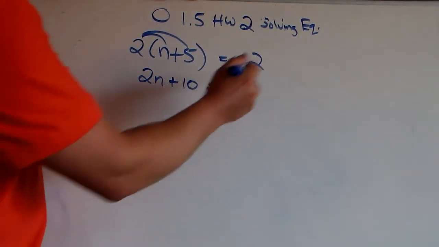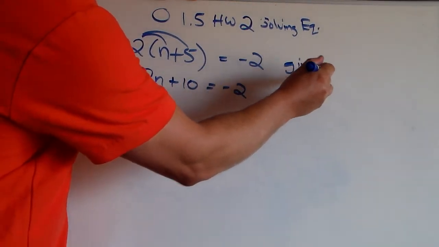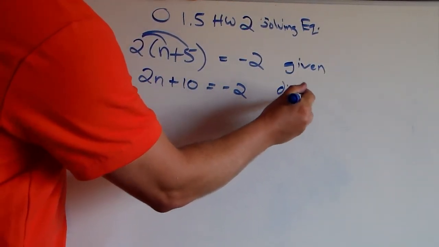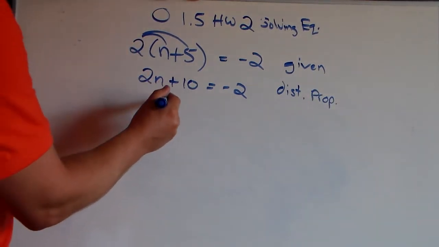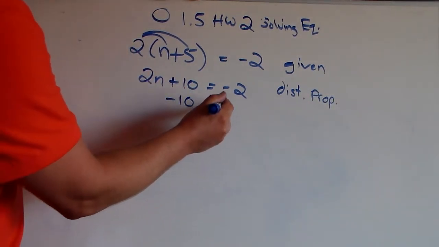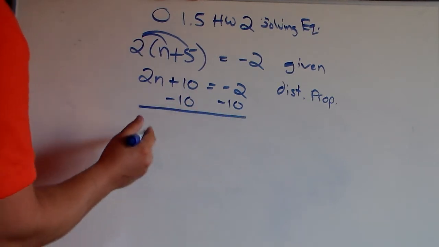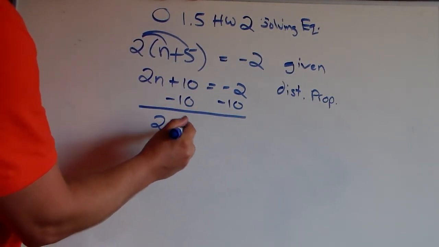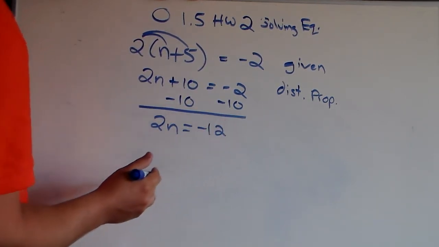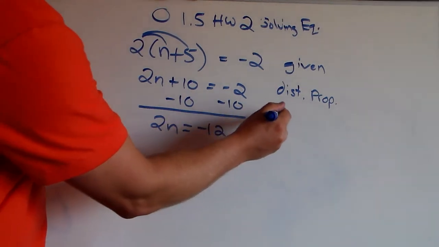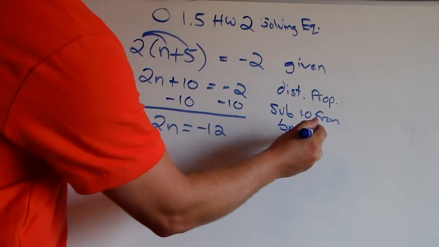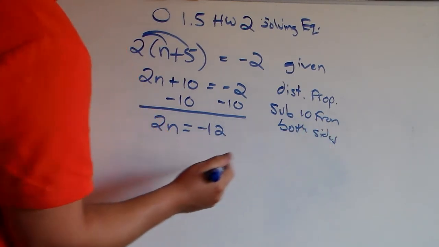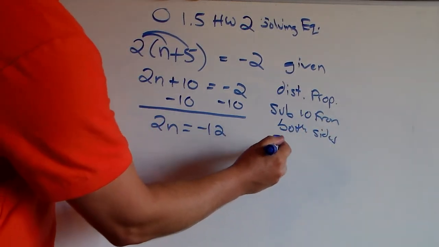We write the rest. So this is given to us. Then we just did the distributive property. Now we're going to use our inverse operations like we've been using. Subtract 10 from both sides. And we get 2n equals negative 12. We simplify.